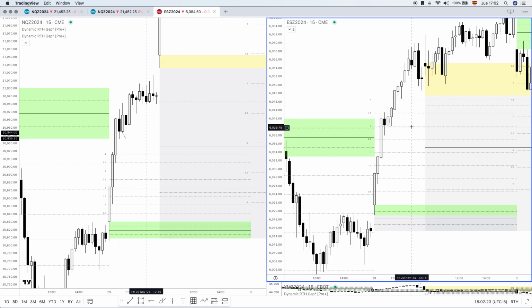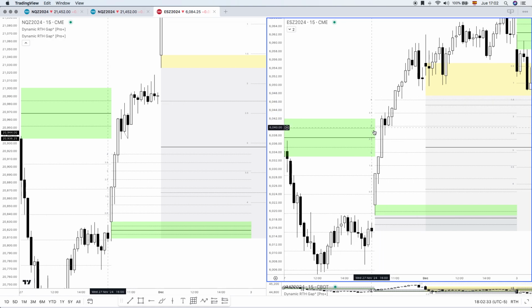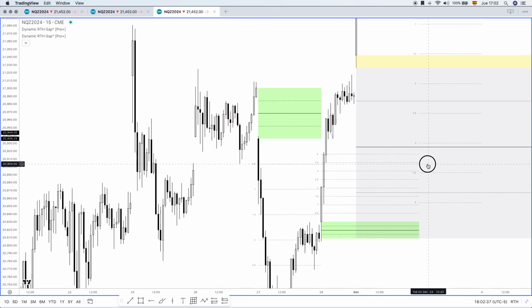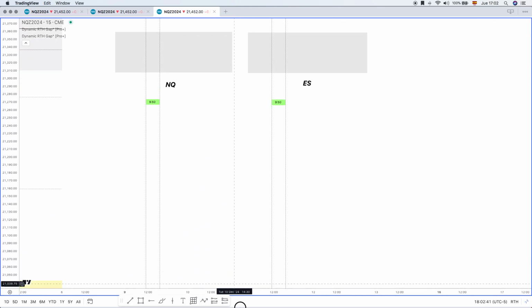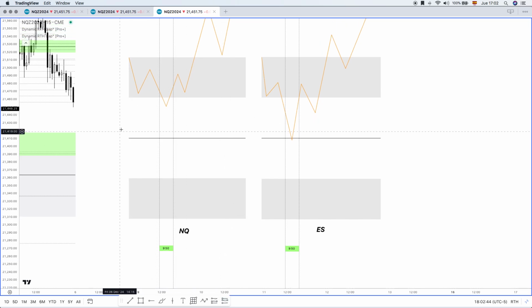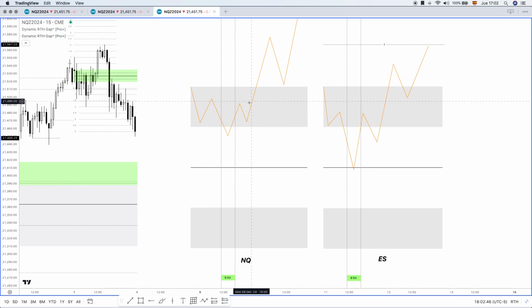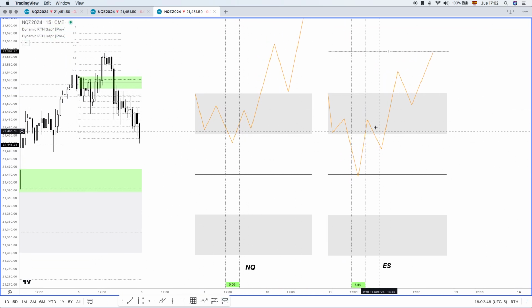So you can anticipate SMTs because you already know that ES is going to be the one that's going to make the high. So you are one step ahead of the SMT without measuring highs and lows, because you are measuring how price is behaving in relation to the gap.